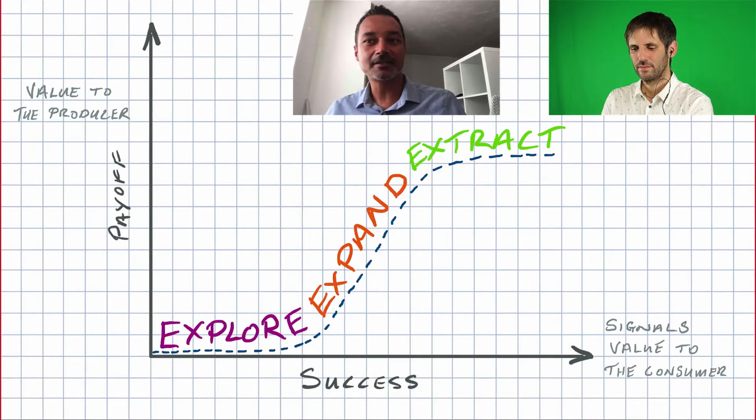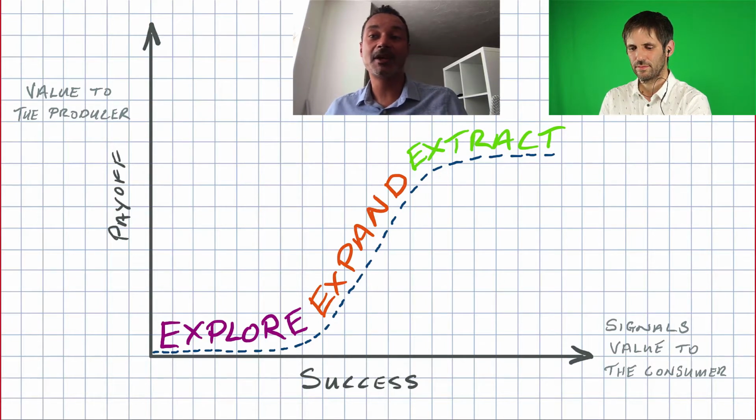Now you've tested the market, and then you might go on and do further experiments where you create a very basic version of the product and maybe invite a few people to start using it. And then you start to figure out, how is this product going to be of payoff to us? You may not know how it's going to make money yet, so you might be exploring different ways in which it could make you money.